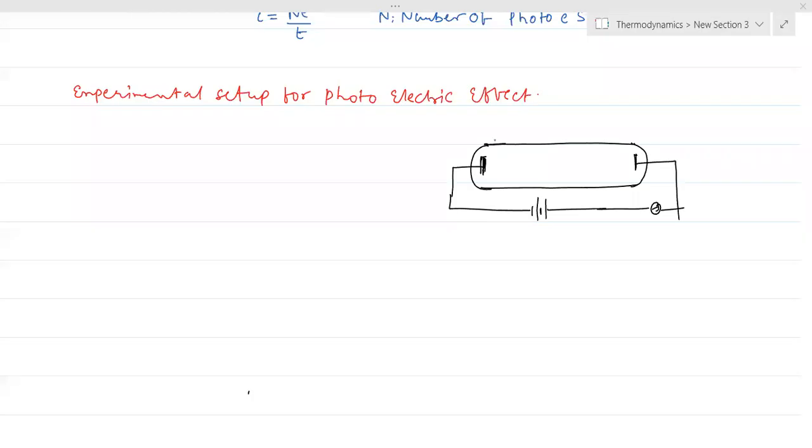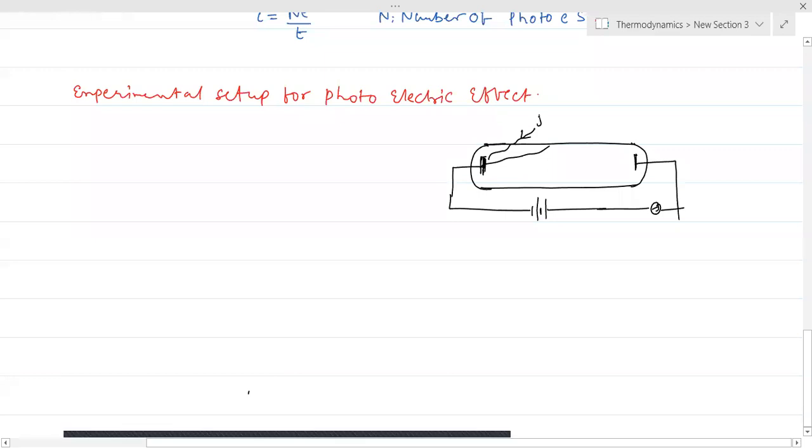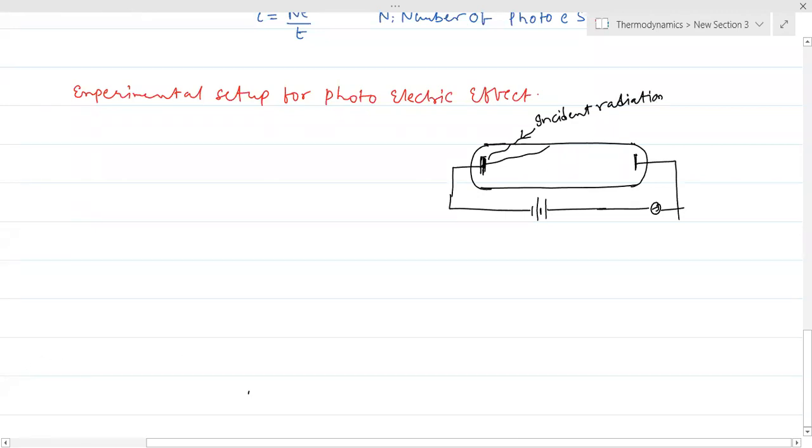Suppose incident radiation falls on an alkali metal surface. When incident radiation falls on the metal surface, photoelectrons are emitted. Every photon is able to eject a single electron.